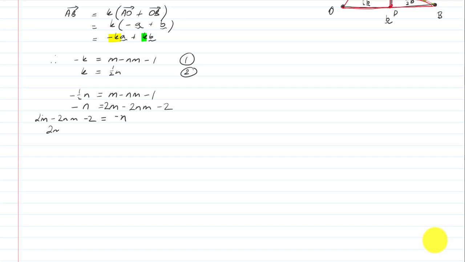So I'm going to add 2 to start with. 2 minus N. Then I'm going to factorise out the M. And then I'm going to divide through. And there's my answer. M is equal to 2 minus N over 2 minus 2N.